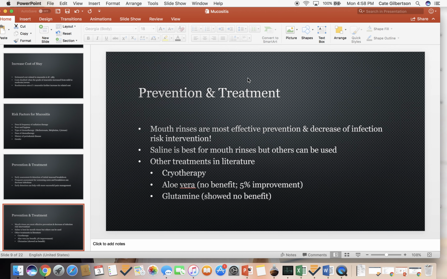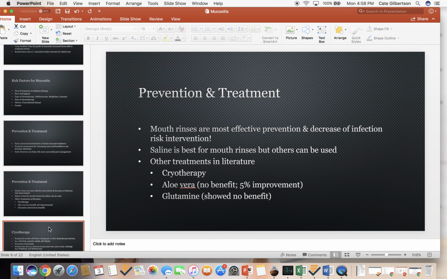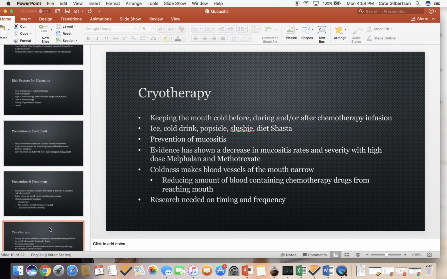The one thing that we may look into more is cryotherapy. It's a preventative technique where the idea is to keep the mouth cold before, during, and or after chemotherapy infusion. There has been some shown benefit, but a bit more research is needed, which I'll touch on in a second.